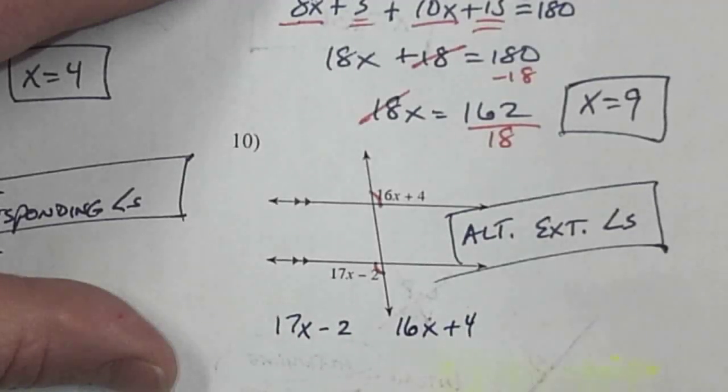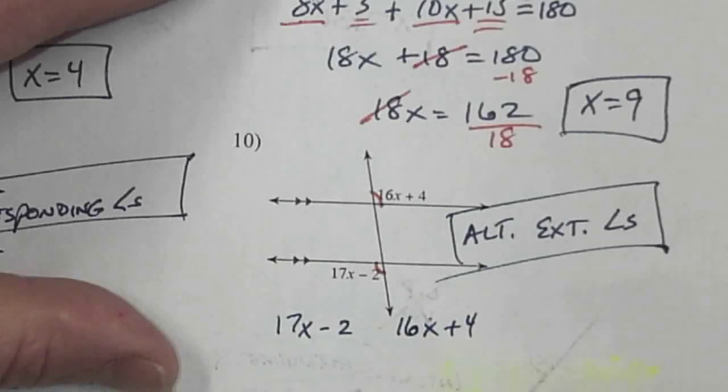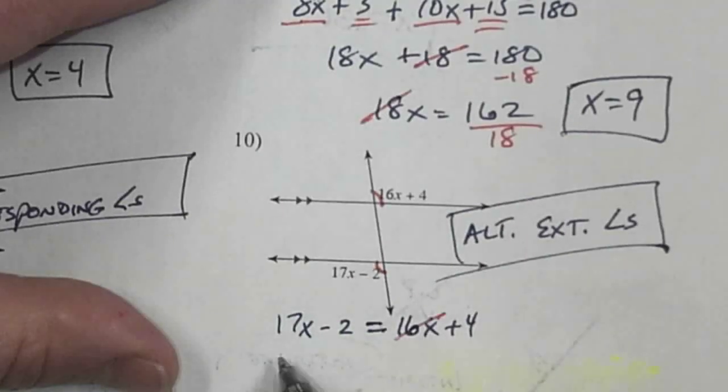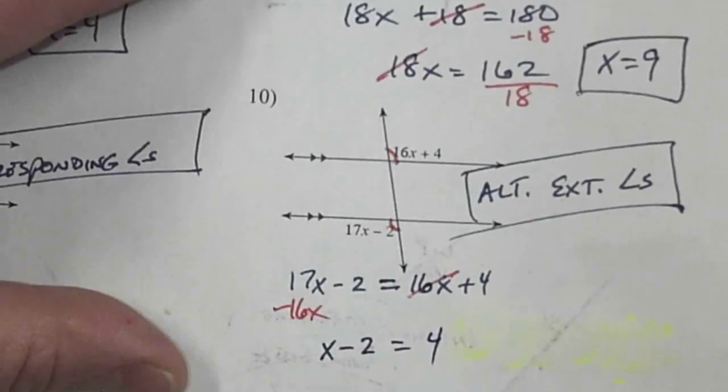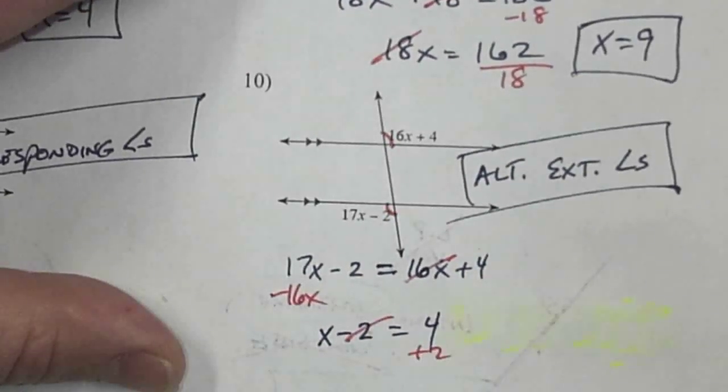They either add up to 180 or they are equal. Alternate exterior, look at your notes, they're equal. So we're going to subtract 16x and get 1x, and then we will add 2 and get 6.